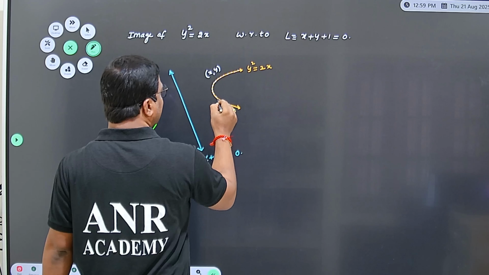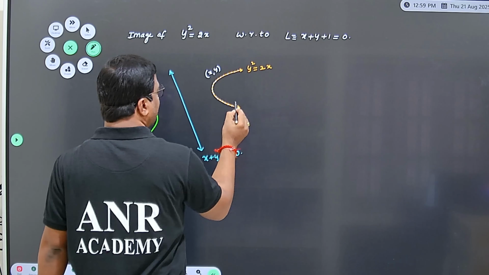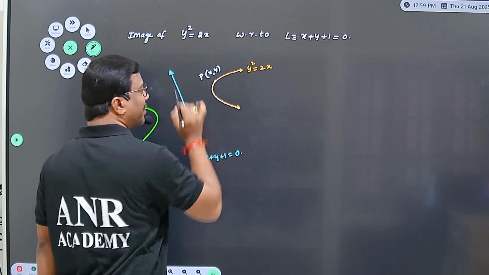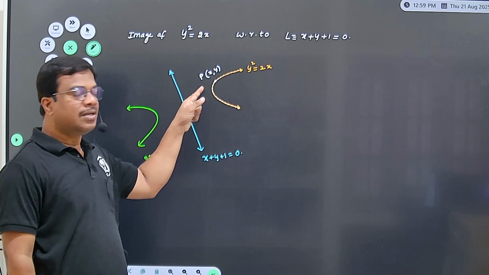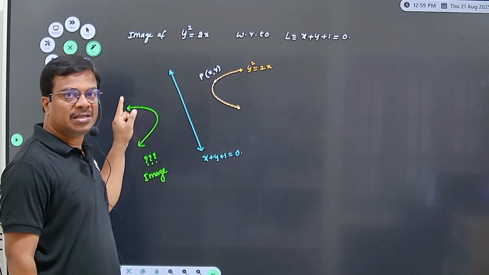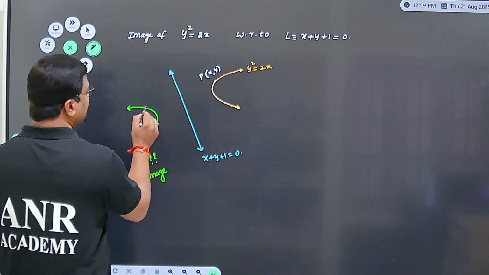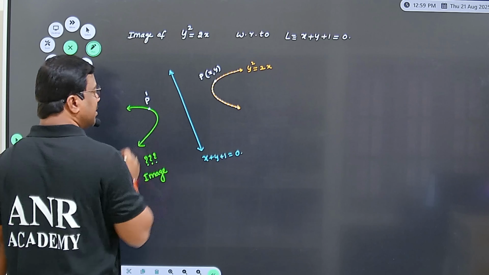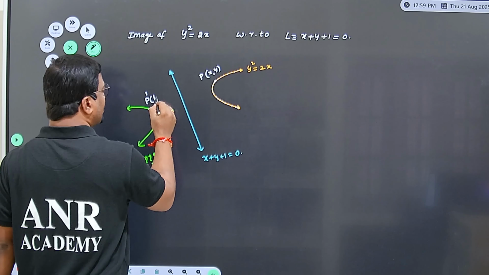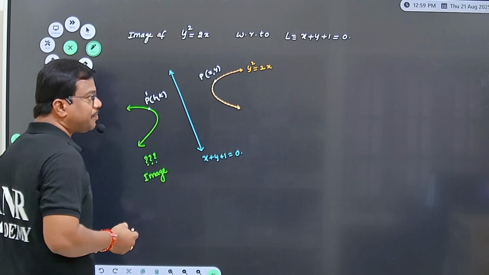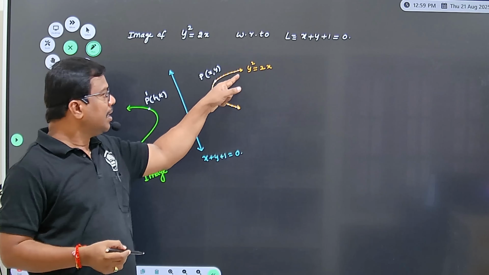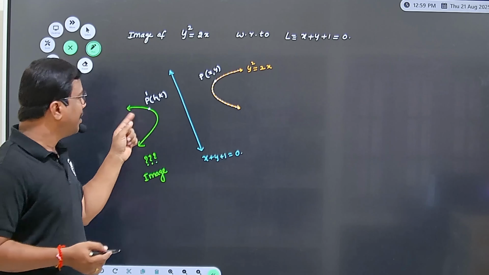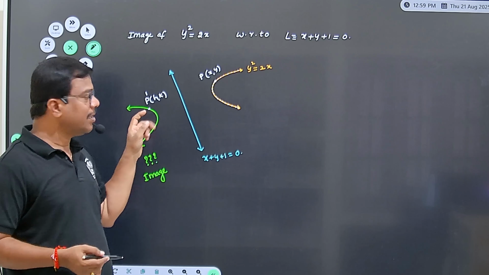So if I select P(x, y), then automatically its image should lie on the image curve. So here you will get the image of P. Suppose that is some P dash, and assume its coordinates are h comma k. Here (x, y) is the locus point of the given curve y square equal to x, and P dash (h, k).